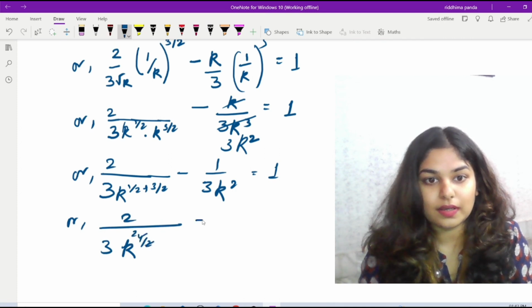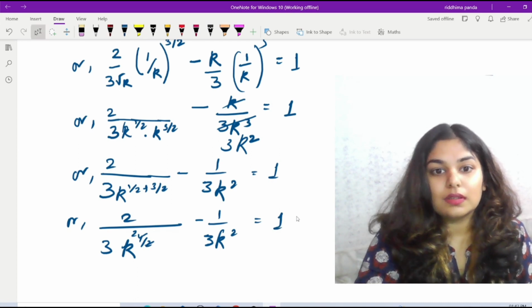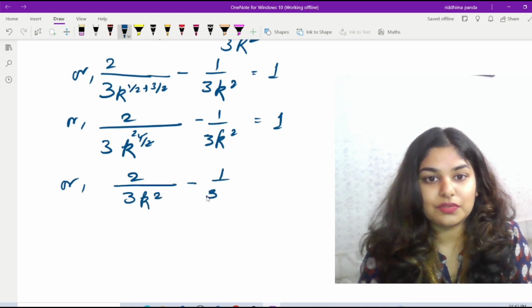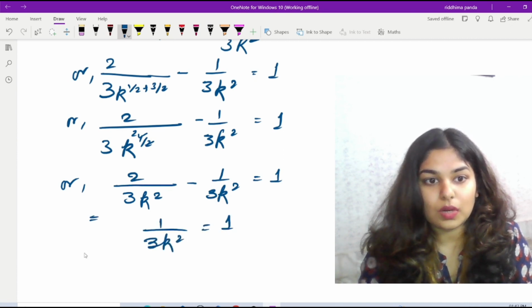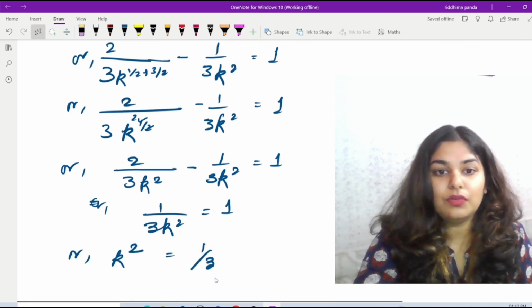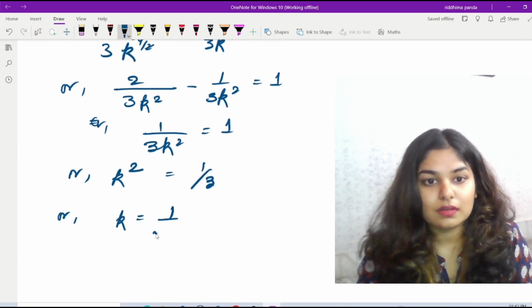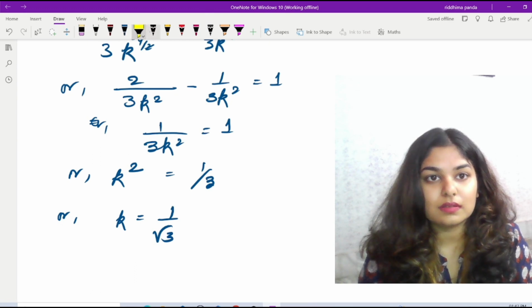So this is 2/3 k² minus 1/3 k² equals 1. Since 2 minus 1 is 1, we get 1/3 k² = 1, so k² = 1/3. Therefore, the value of k is 1/√3, and this is the answer.